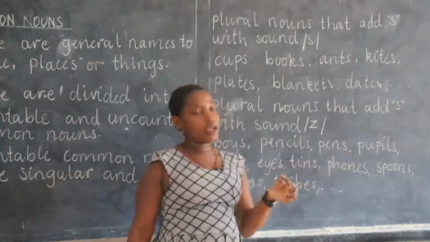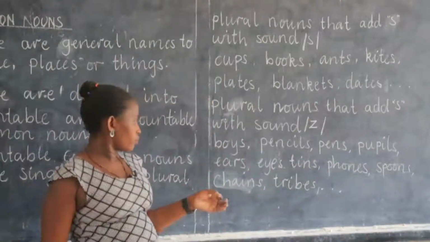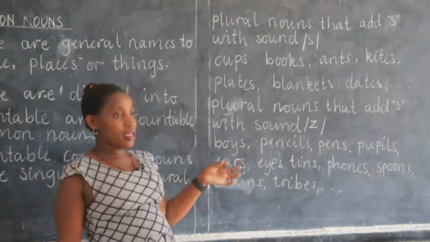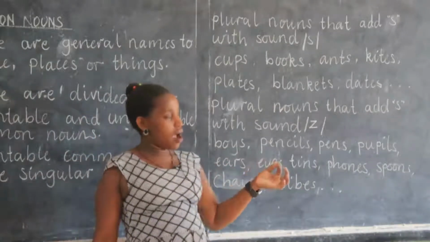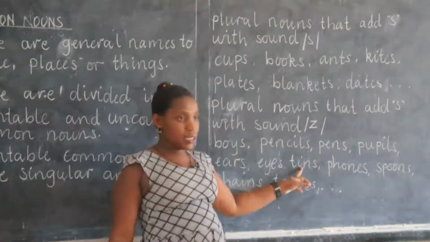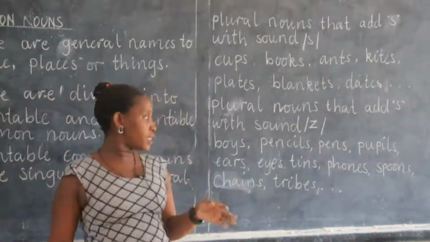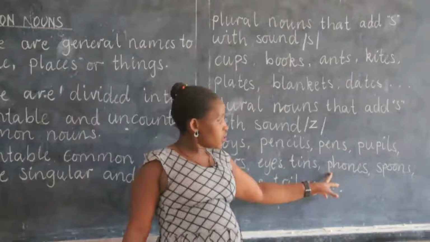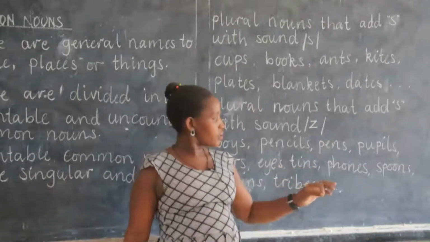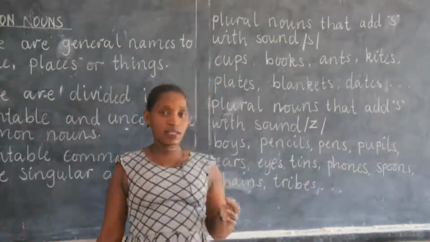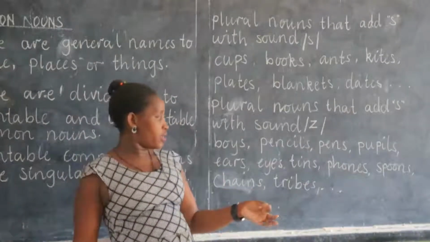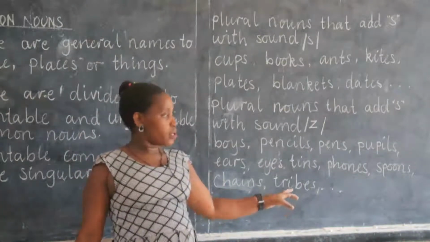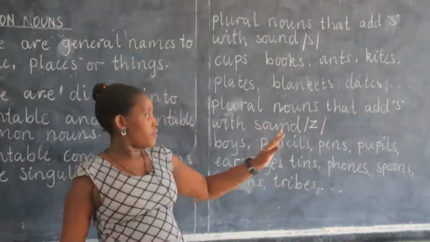Pupil, then pupils. Ear, then ears. Eye for eyes. Tin, then tins. Phone, then phones. Spoon, then spoons. Chain, then chains. Tribe, then tribes, and very many others.